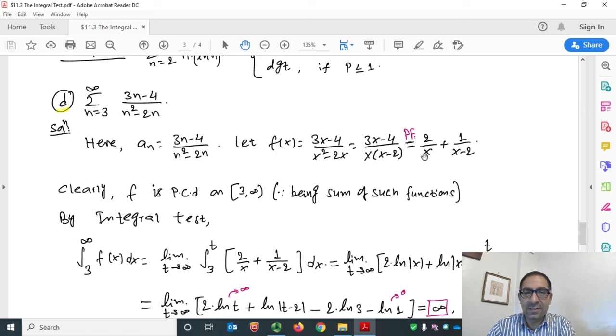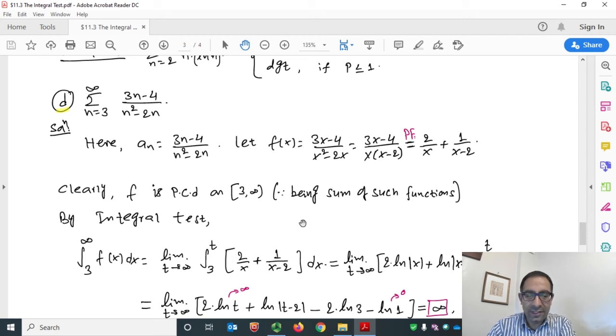This function is continuous and this function is continuous. The constant functions are continuous and this is a linear function, a first degree polynomial, so they are continuous. That means the sum of two continuous functions is continuous. So the continuity part is obvious. And for decreasing, if we increase x, then these are decreasing.